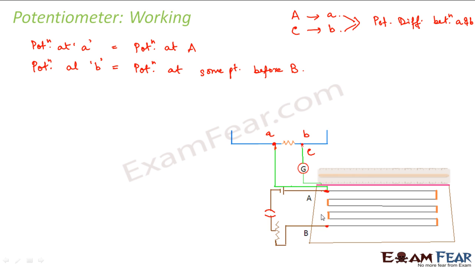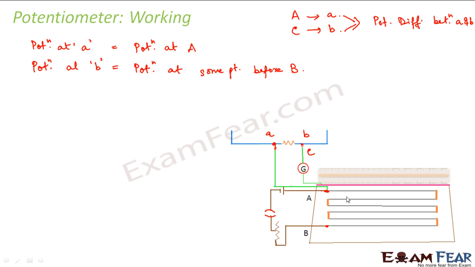Now let us suppose we start sliding this jockey, and we find a point where the deflection in the galvanometer is 0. As we keep sliding the jockey, we are actually changing the resistances, so we are changing the flow of current. We find a point on this long wire where the deflection in the galvanometer is 0.